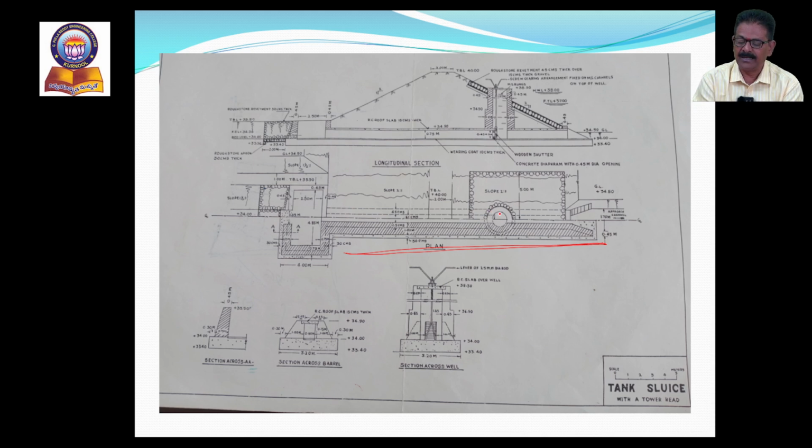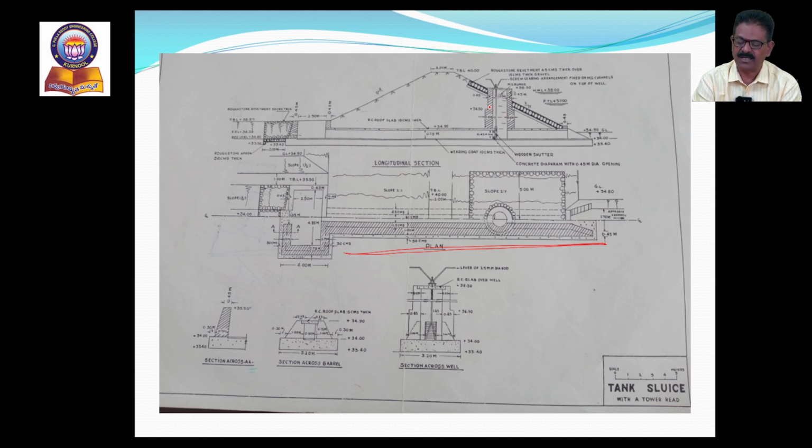Approximately at the entrance of the sluice barrel, in the plan we can see this tower head. In the longitudinal section, it is very clearly shown. This is the longitudinal section, which shows the tank bund, with the top of the tank bund at 40 meters and the bottom of the tank bund. On the right-hand side of this tank bund, that is towards the tank side, we have this tower head, a circular well.